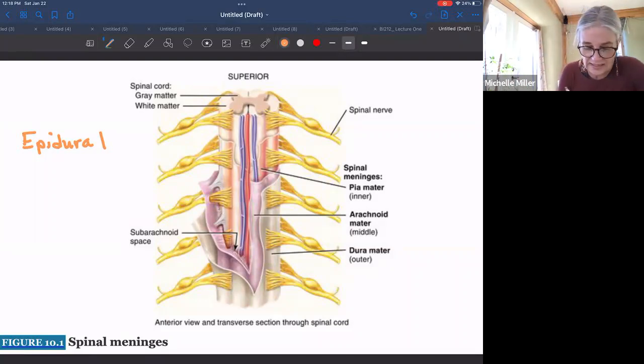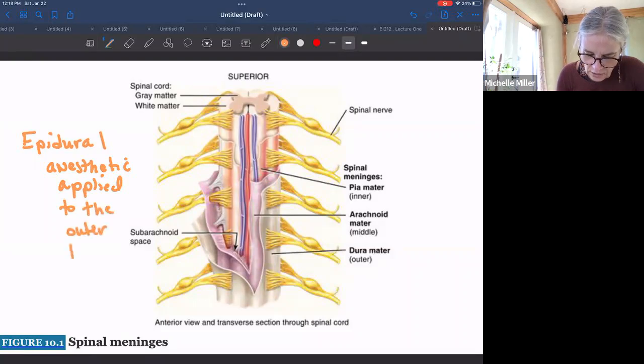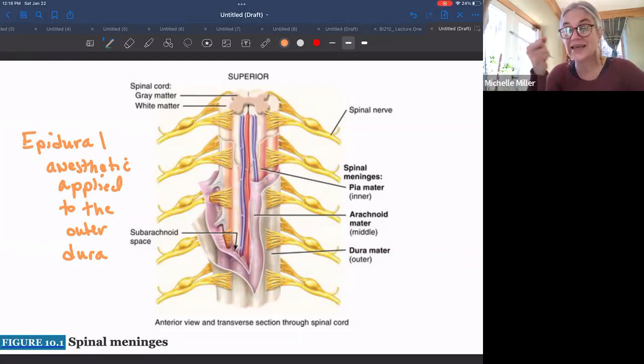So epidural is an anesthetic applied to the outer dura. So it doesn't actually penetrate the meninges. It just goes on top of that. And epidurals are typically used in women that are giving labor because it blocks the pain signals associated with labor from your waist down. So an epidural you probably have heard of.